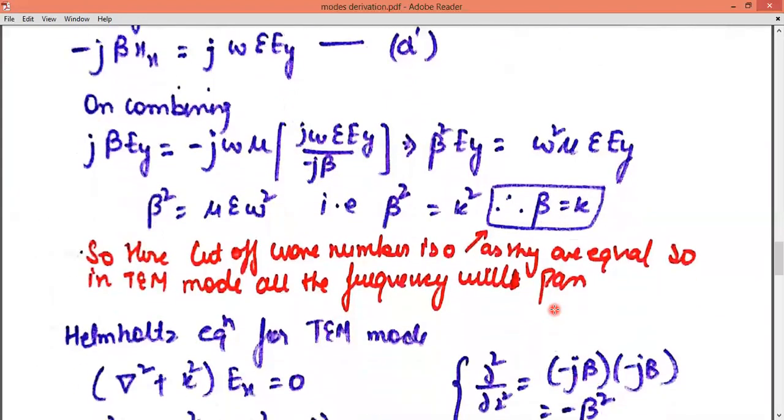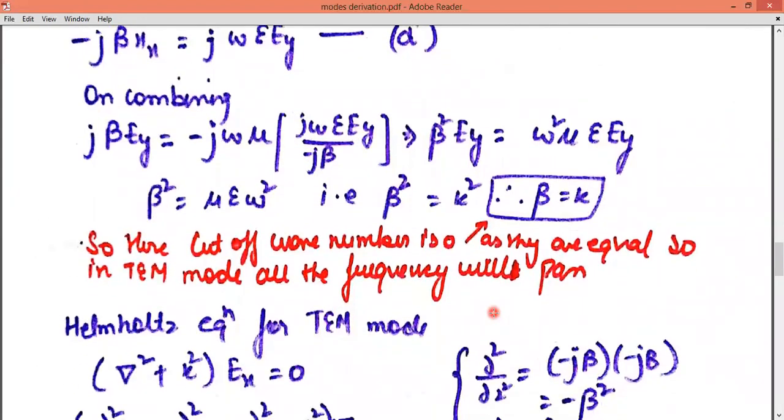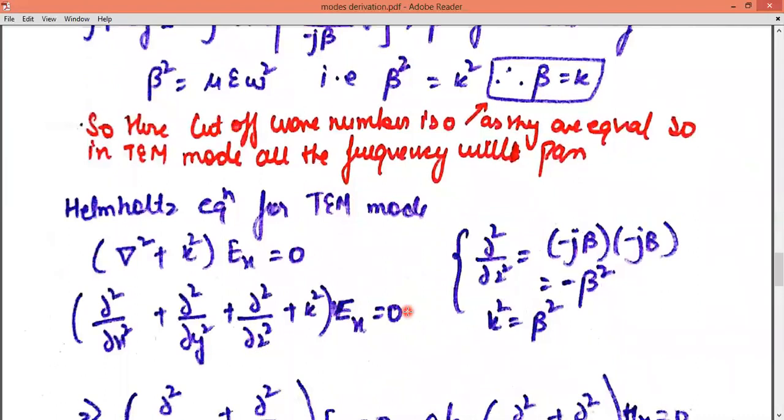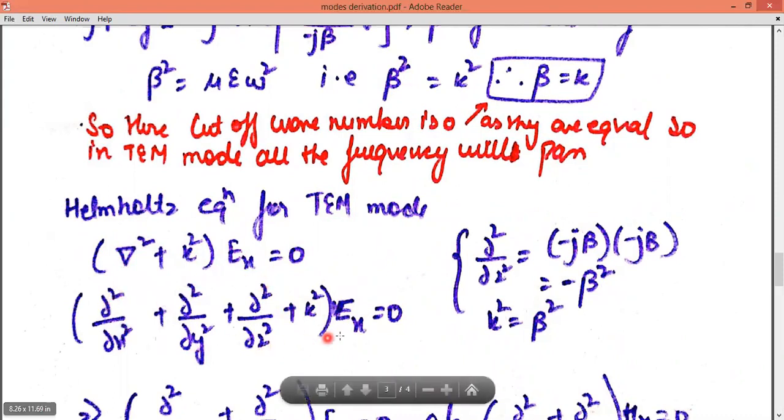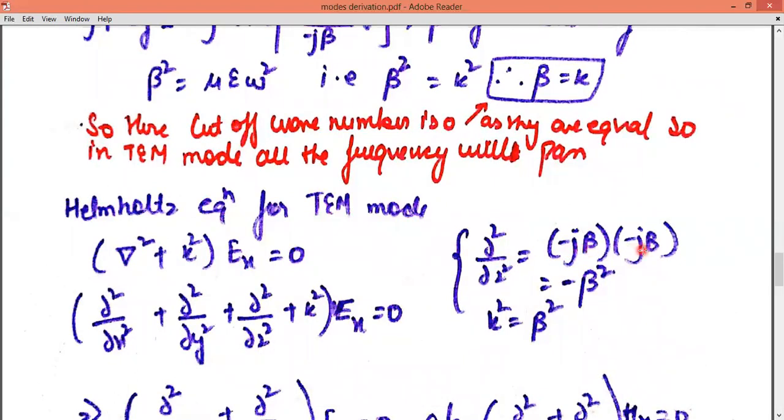If we apply the Helmholtz equation for TEM mode, you are not going too deep, you just see this equation. The Helmholtz equation is like that: (∇² + k²)Ex = 0, and for the Ex component we write ∂²/∂z² equals (−jβ)(−jβ).